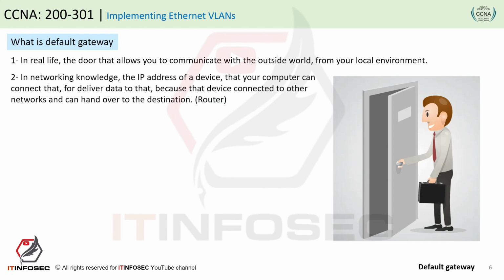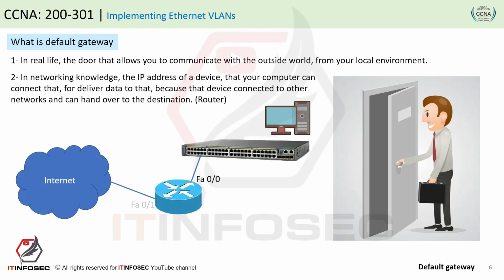In networking, the default gateway is the IP address of a device that your computer connects to in order to deliver data, because that device is connected to other networks and can hand data over to a destination. We know that as a router. It will be our system's default gateway.